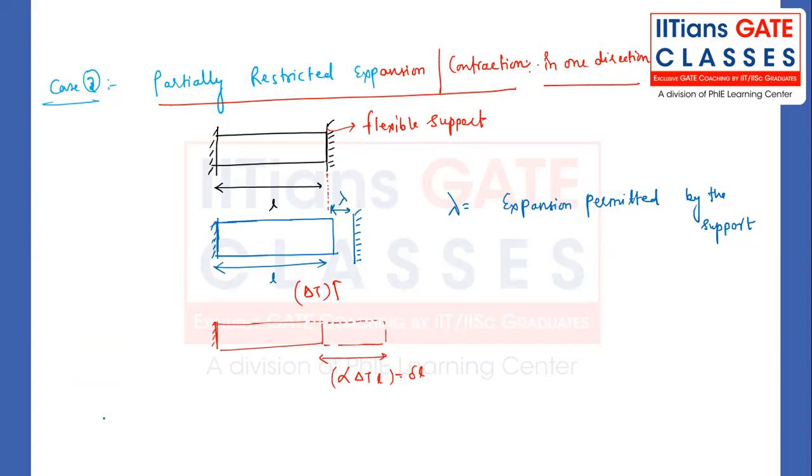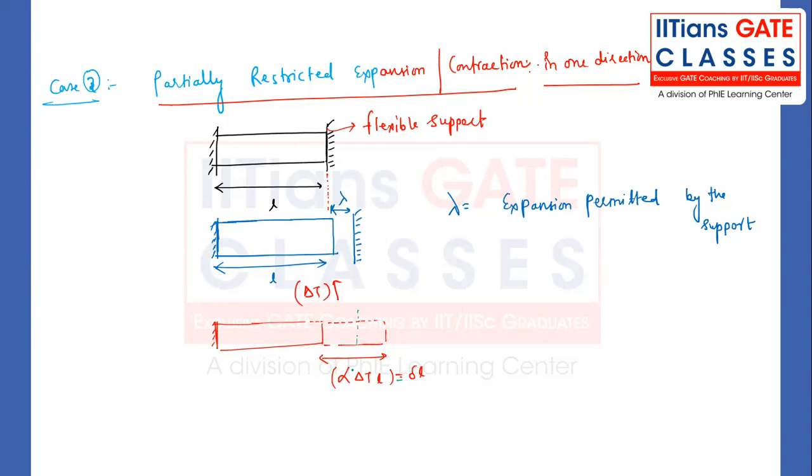Now, but there is some kind of support. What will the support say, my dear friend? You can have the expansion, but not as much as you are expecting. That complete expansion won't be provided. Once I increase my temperature, you are expecting that alpha into delta T into L, that much expansion will be there. You are wrong. That much expansion will not be there.